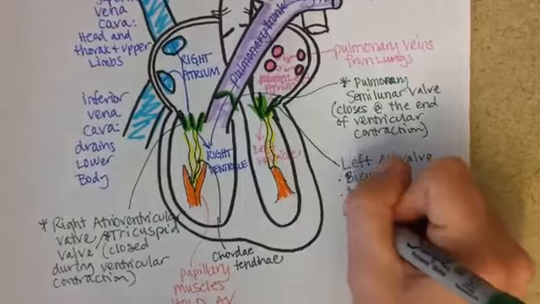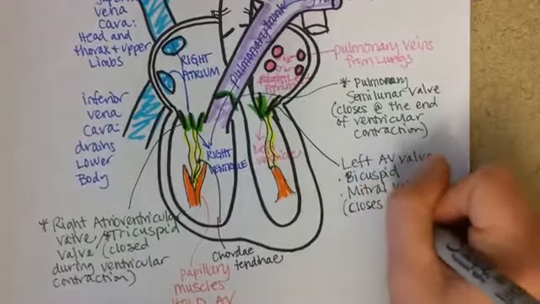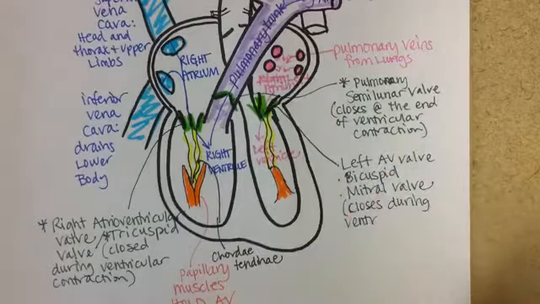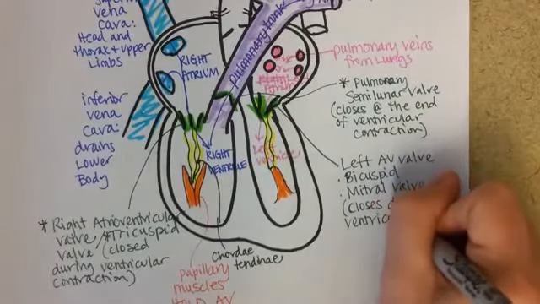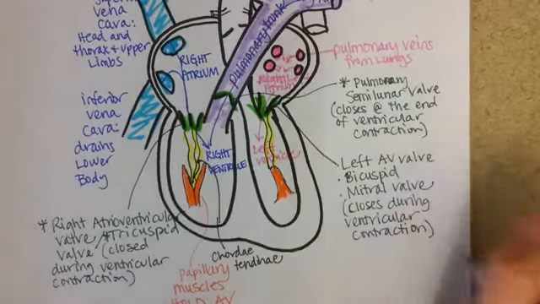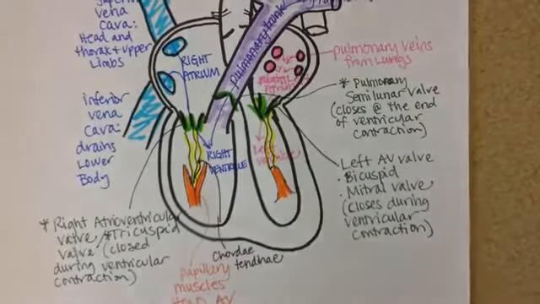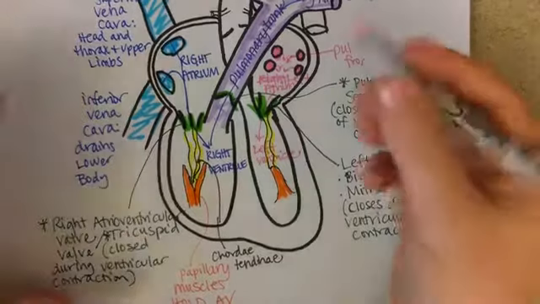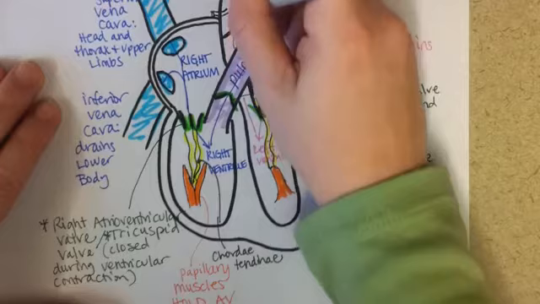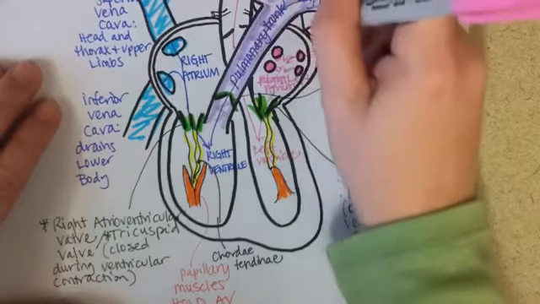And this, just like the right AV valve, closes during ventricular contraction. And then during ventricular contraction, blood is pumped up from the left ventricle up and out the aorta.